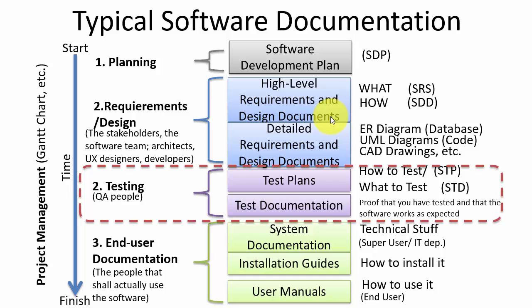Here we see some typical software documentation you create during the software development. You typically start with a software development plan, and then you have some high-level requirements and design documents, which describe what the system should do and how it should do it in a high-level description.